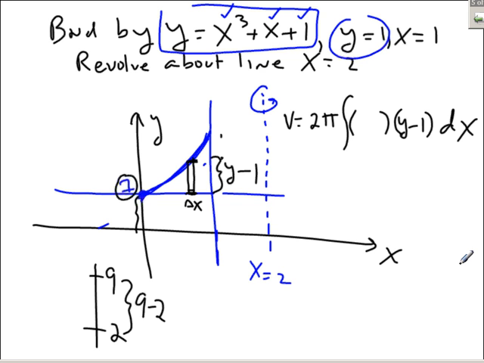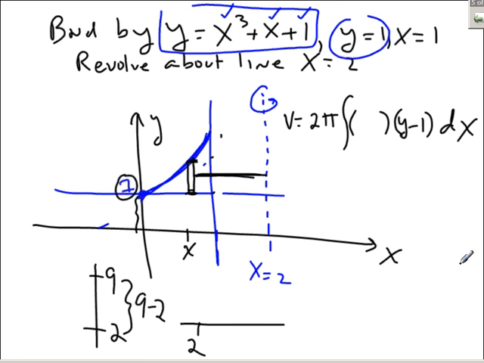Now, what is the radius? The radius is, as I said a few times, the distance between where you're revolving and the strip. That is this distance here. For any given x, what is this distance? And the answer is just like any horizontal distance.